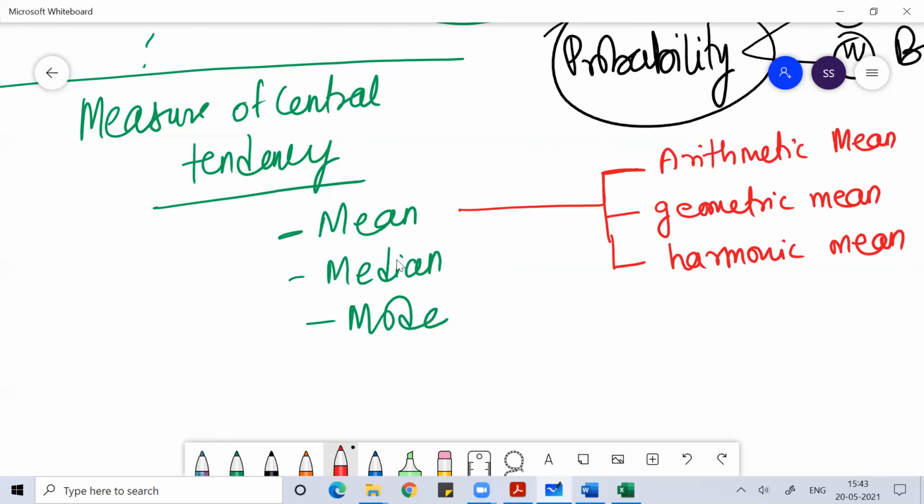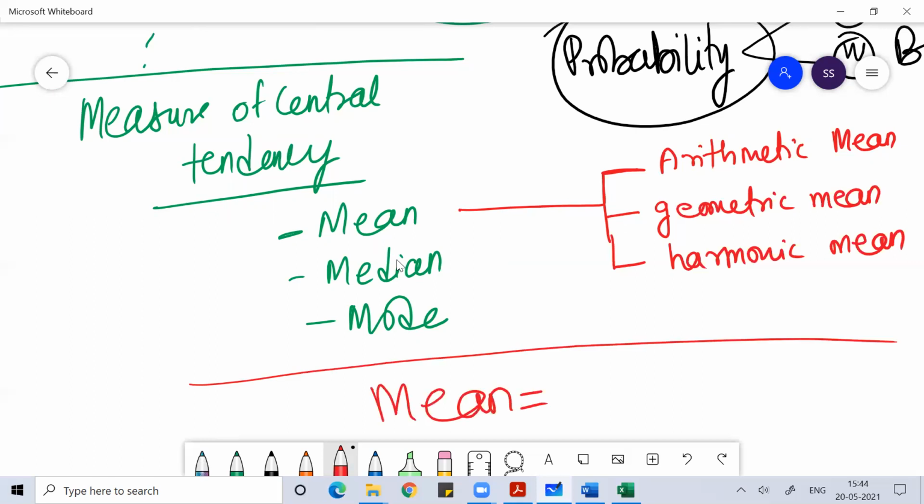Normally in day-to-day life, whenever you use the term mean or average, as you've seen in many competitive exams, when you solve aptitude questions, you see the mean observation or the average. In day-to-day life, we don't know more about median, mode, geometric mean, or harmonic mean.